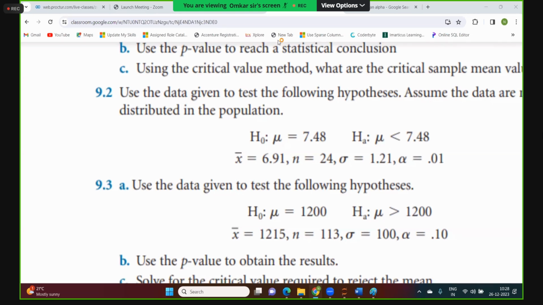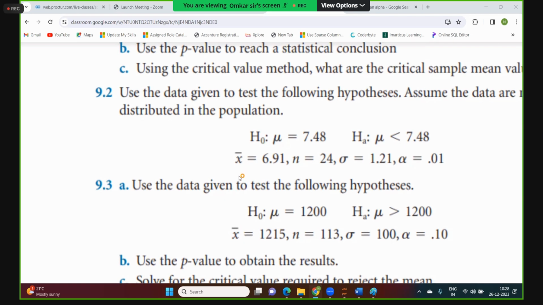Minus 2.3, that value. Minus 2.3 means how much is the value? The p-value will be the same, no? 0.0215. Alpha value is equal to 0.01.